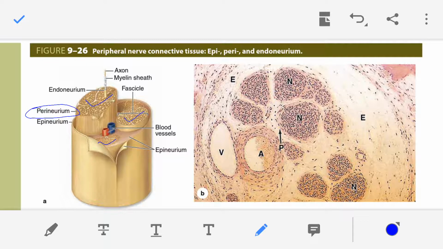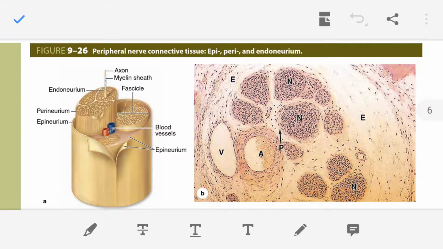So here we can see three fascicles, and surrounding these three fascicles we can see connective tissue is present, and that connective tissue is known as the epineurium. And inside the epineurium you can see blood vessels, the artery and veins are also present. So this is the structure of a peripheral nerve.